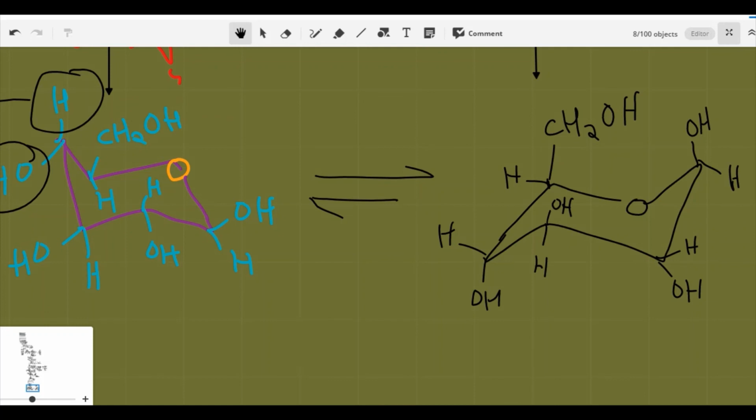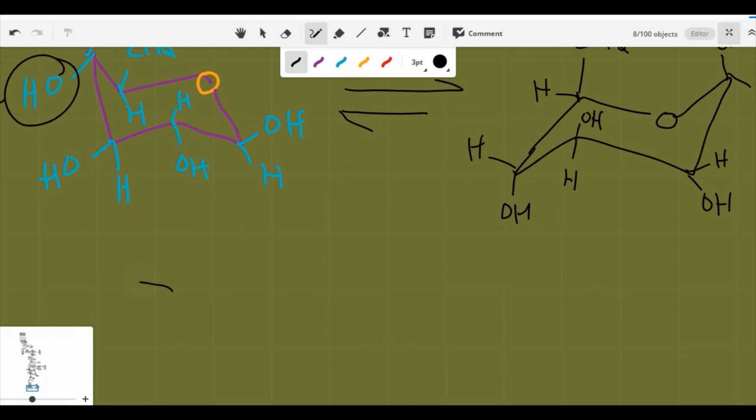So now here you can see groups on such rings are more stable. Okay, so in the case of chair conformations and boat conformations, the groups are more stable when they occupy equatorial positions rather than axial positions. Remember that. Okay, so that is the important point.